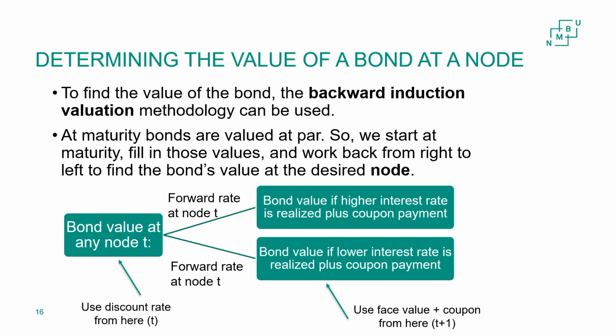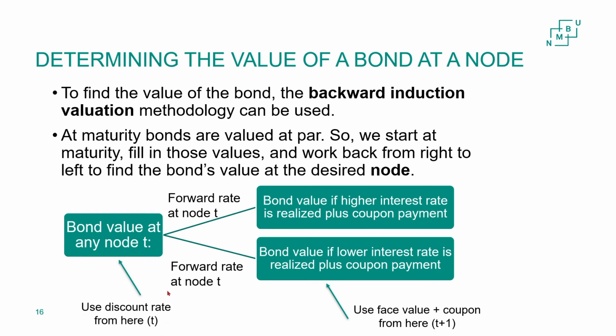So what you do is that you take the known values from, for example, time t plus 1, and then you have face value and you have a coupon, and this cash flow is discounted using the discount rate at time t.